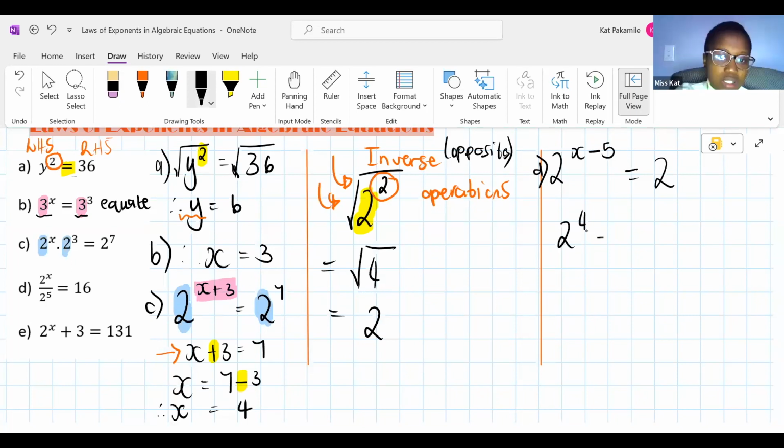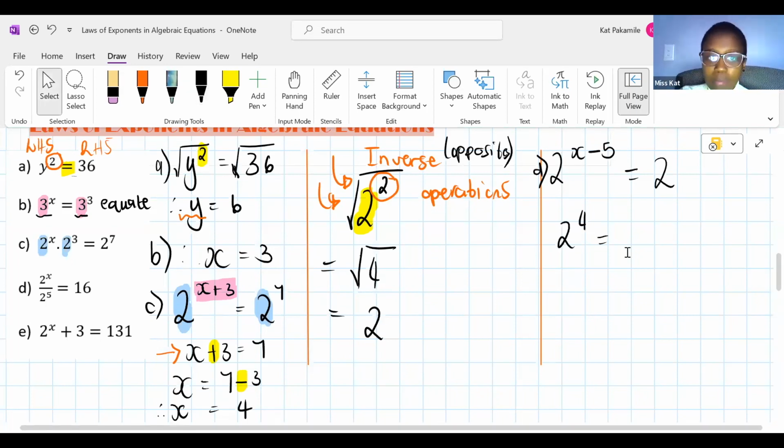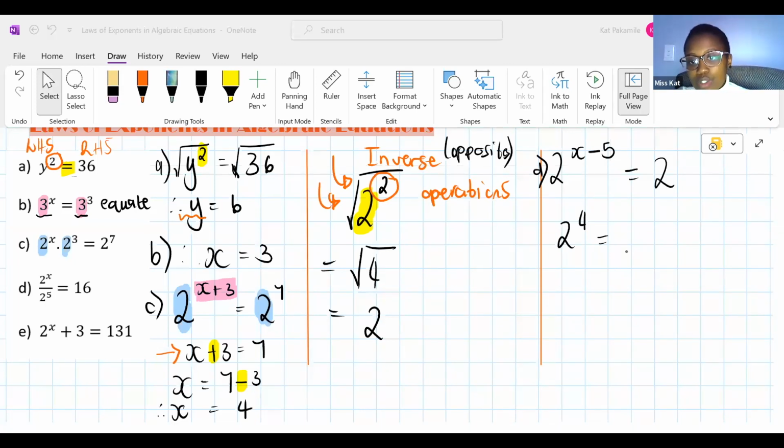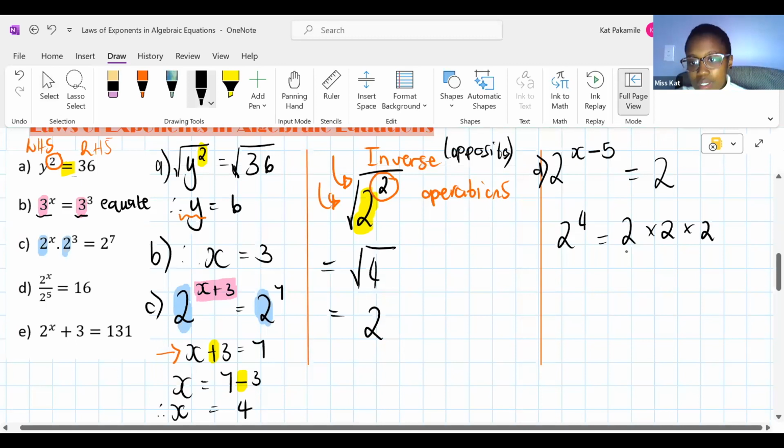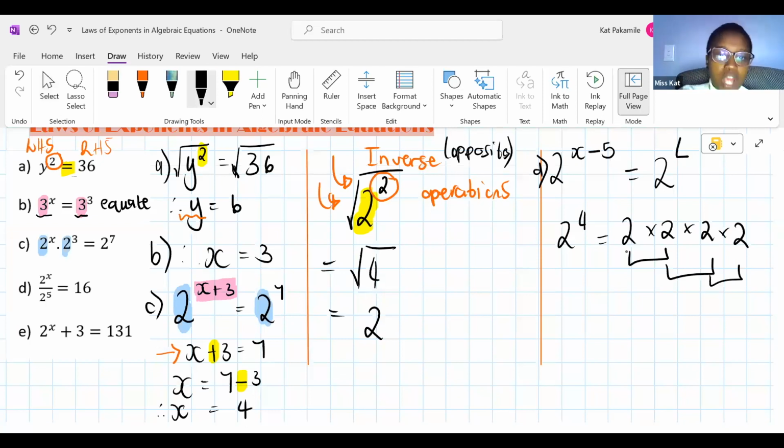Let's test what Nsuku is saying. Thank you, Nsuku, for helping me. So Nsuku is saying 2 to the power of 4 will be the same as 16. 2 times 2 is 4, times 2 is 8, times 2 is 16, and that is correct. So we will change 16 to be 2 to the power of 4 because we want the same bases.